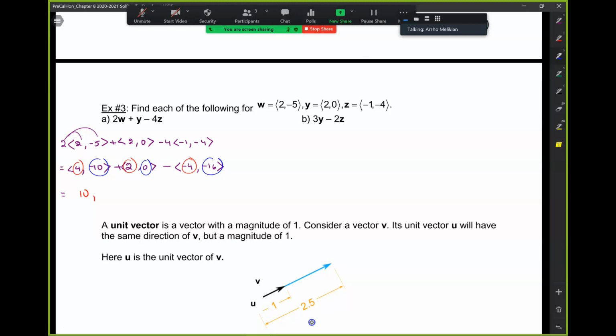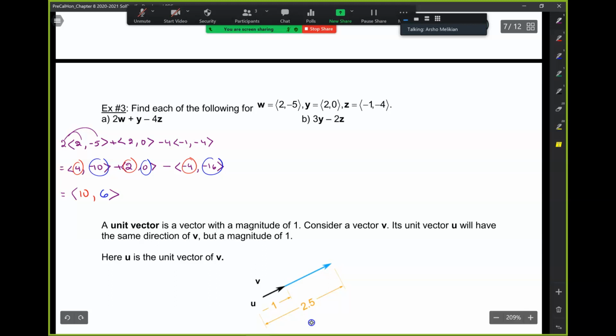That's just -6. Plus 6. Okay, -10 plus 16. So it's +6. Everybody okay? And that's it. We just added those two vectors.